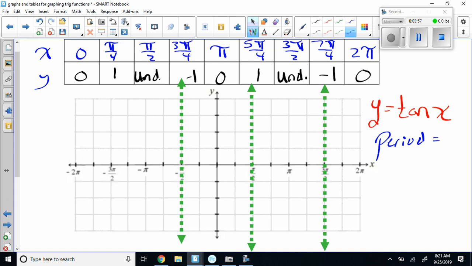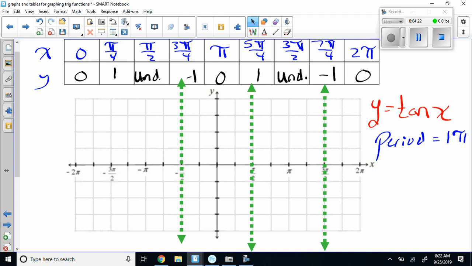One what? 1 pi. Negative pi over 2 to pi over 2, pi over 2 to 3 pi over 2 is how many pi's? I could just put pi there, but I'm going to put 1 pi so that you understand it's 1.